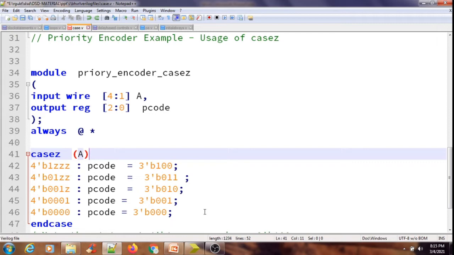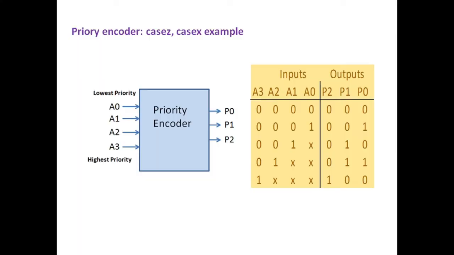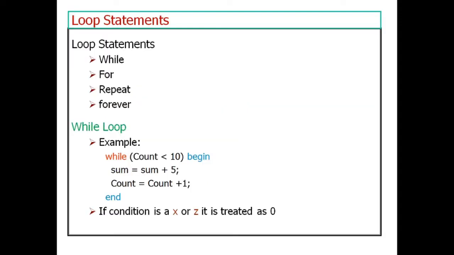Okay, now let us see the next topic. The priority encoder we have completed. Next is loop statements. In any programming language we generally use loop statements for many activities.